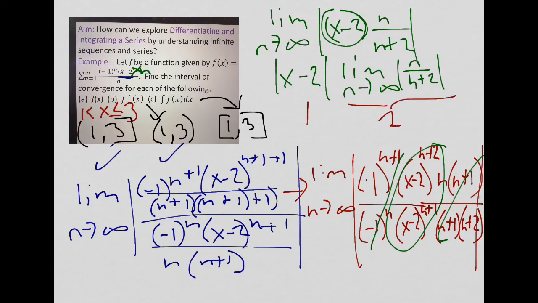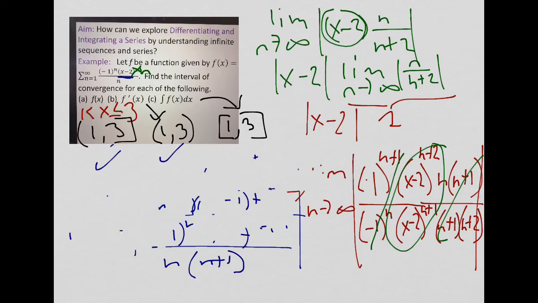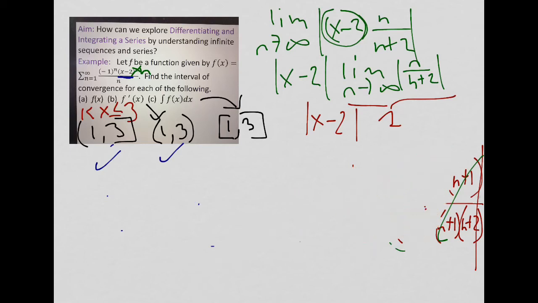And 1 times the absolute value of the quantity x minus 2 is just the absolute value of the quantity of x minus 2. So we want this to be less than 1 in order for this to converge by the ratio test. Let me write that out right after I erase this.